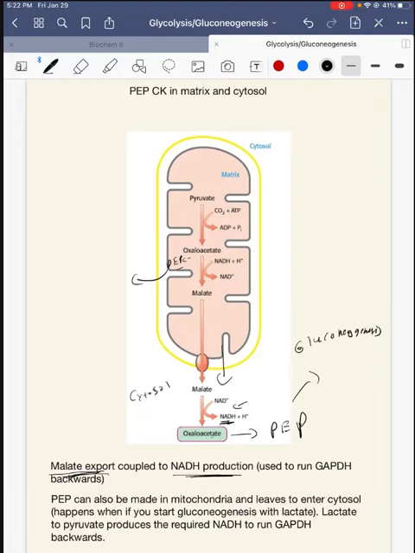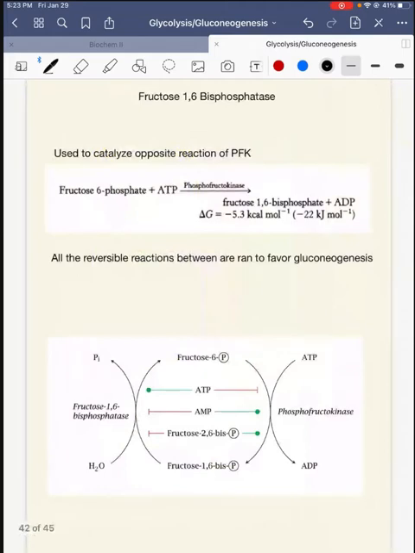So it depends on what substrate you start with. If you have lactate and it's making pyruvate in the cytosol, you'll have enough NADH and you can run PEPCK in the mitochondria. But if you don't, you'll have to export malate to make the NADH in the cytosol for GAPDH to run backwards. Okay, hopefully that wasn't too complicated.